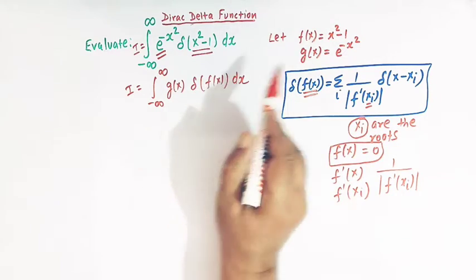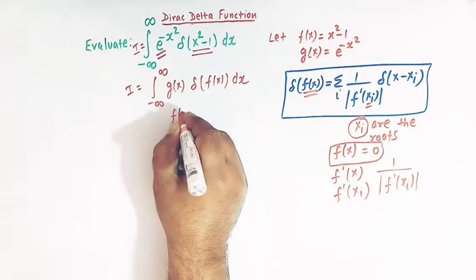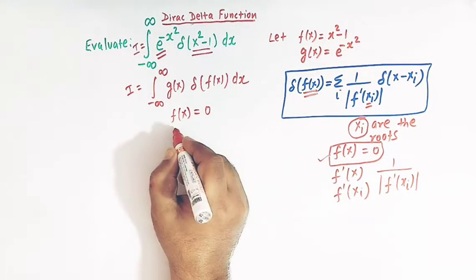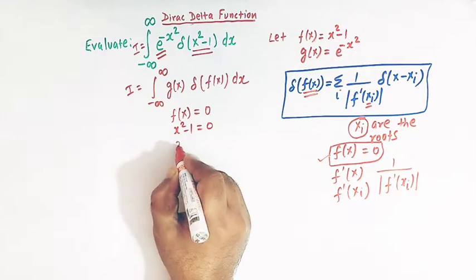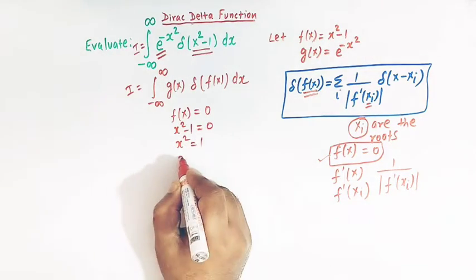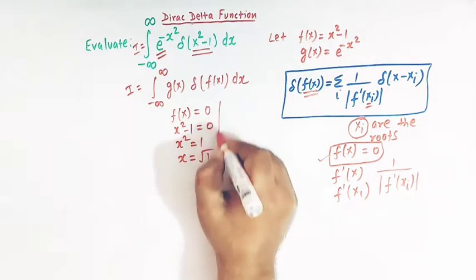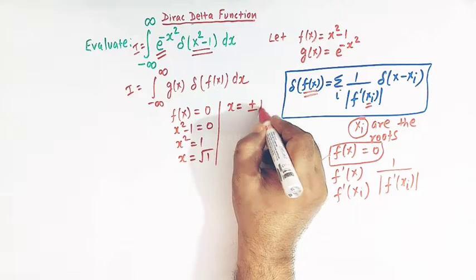Now here, f of x is x square minus 1. So we form the equation f of x equal to 0, that is x square minus 1 is equal to 0, so x square is equal to 1, and x is the square root of 1, so x is equal to plus minus 1.